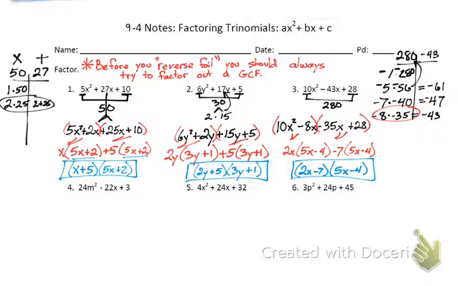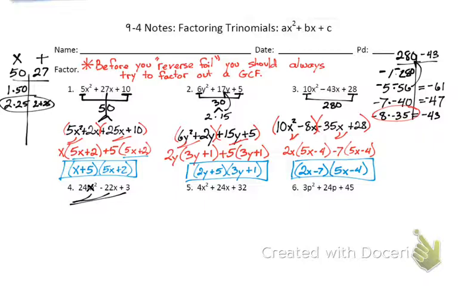And again, any of these that you want to pause and try to work out on your own beforehand, you should do that. So, for number 4 here, now that I've added that little reminder up there, let's first look at this problem and say, hey, is there anything I can take out of all of these terms. And the first thing I want you to do here is change that m squared into an x. There's not supposed to be two separate variables here, so this should be 24x squared minus 22x plus 3.